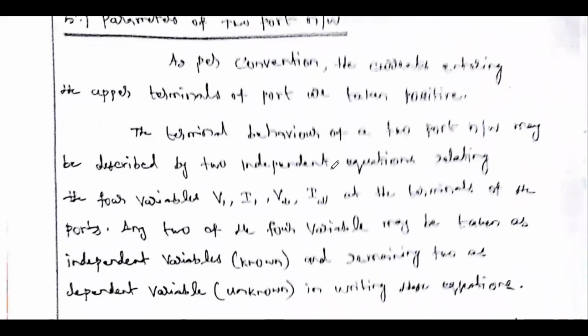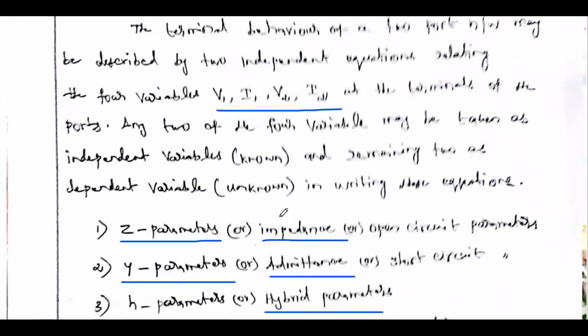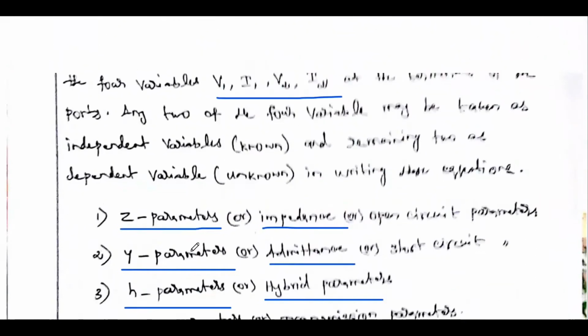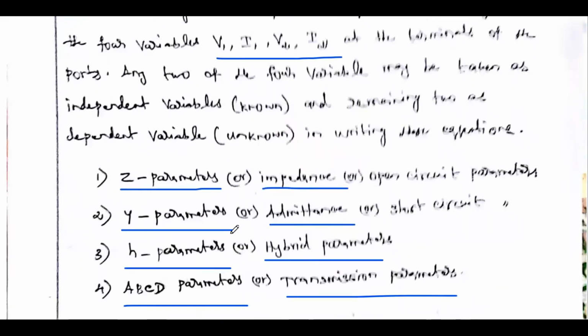While forming the Z parameter, Y parameter, H parameter and ABCD parameter, out of these 4 variables, we take 2 as independent variables and the remaining 2 as dependent variables while writing the parameter equation.